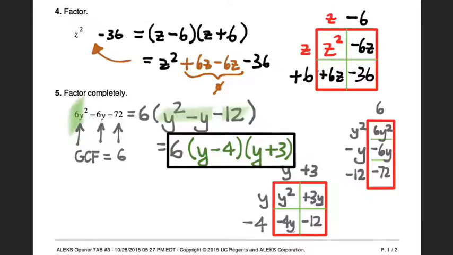If I change this to be 35 instead of 36, then we would have been kind of stuck. Because even if we had plus 5 and negative 7, or something like that, that multiplied to negative 35, that plus 5 and that minus 7 aren't going to cancel one another out when I add them back together.